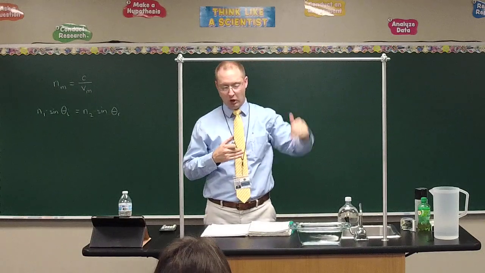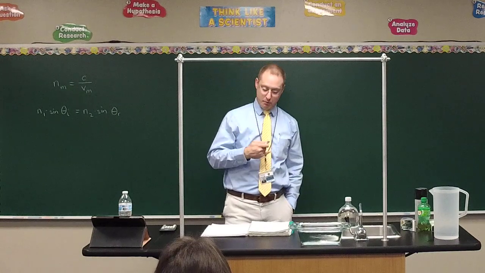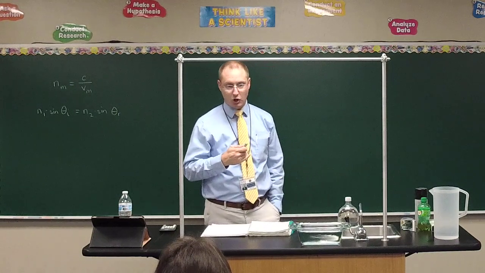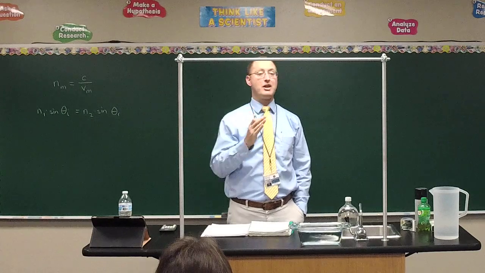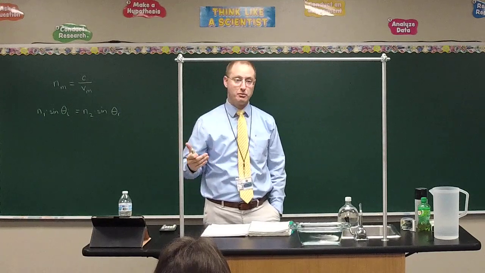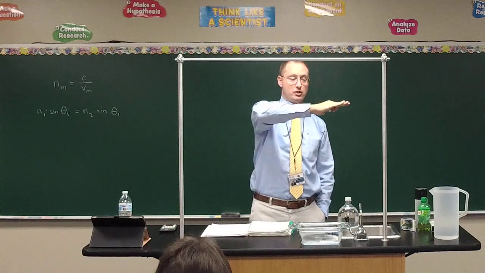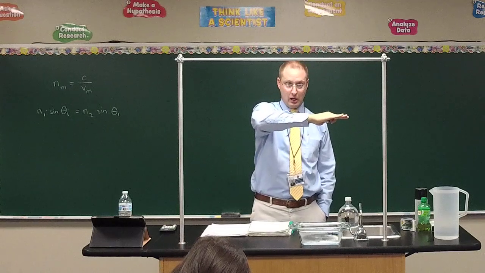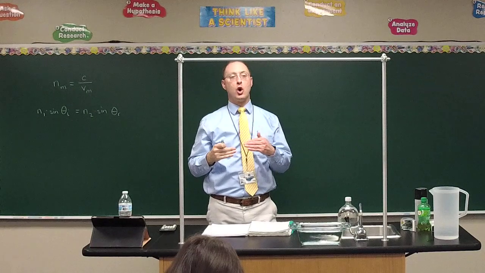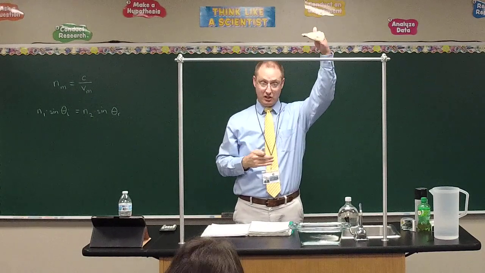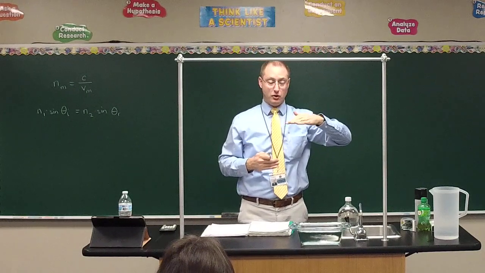Away from the normal. So as the light bends away from the normal, it's going to refract further and further away, the greater and greater the incident angle becomes, until eventually you could get the light refracting 90 degrees away from the normal, meaning the light no longer really passes into that second medium. It now is trapped in the first.